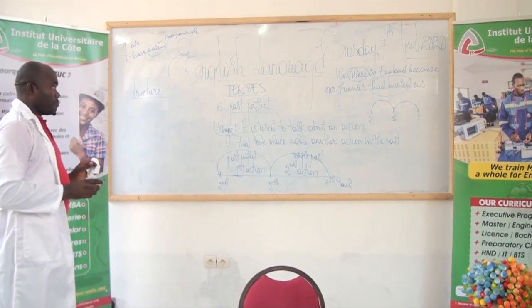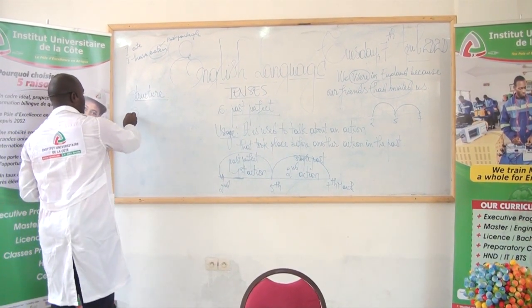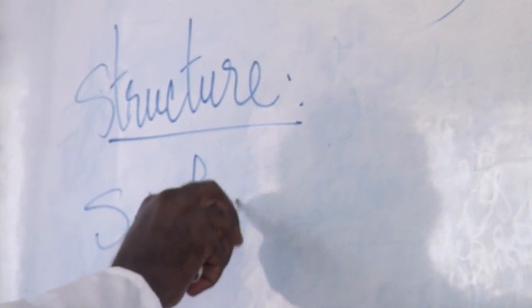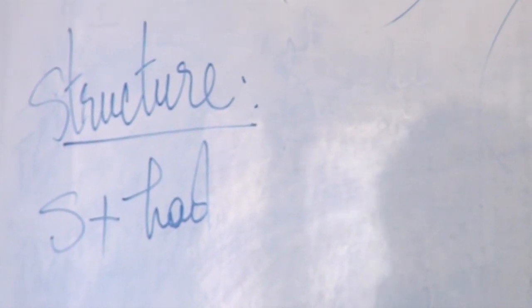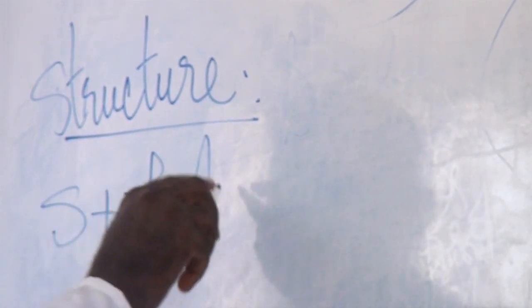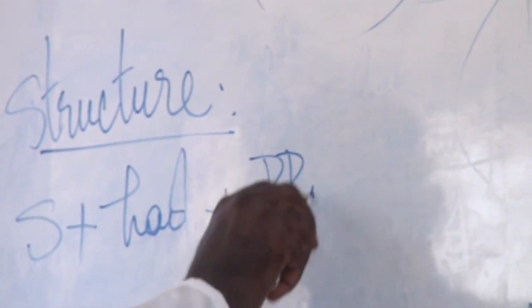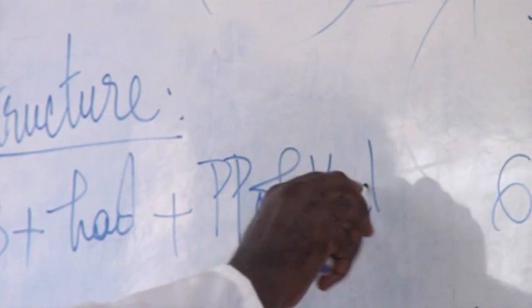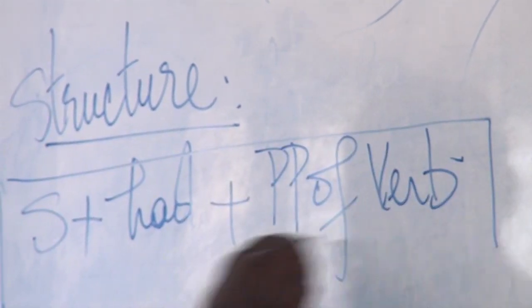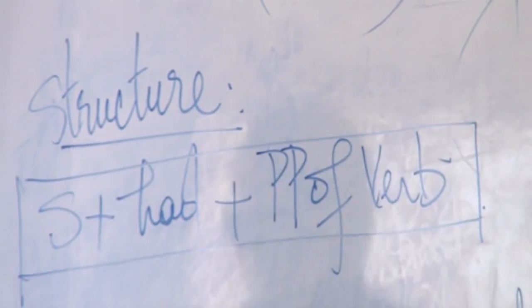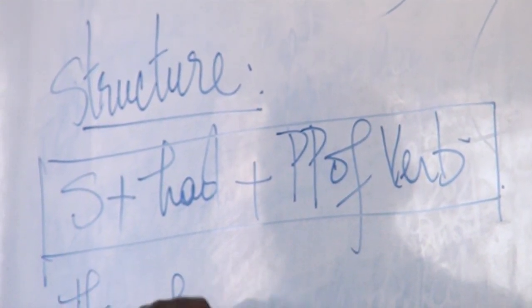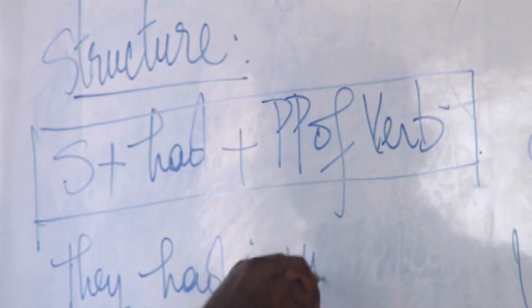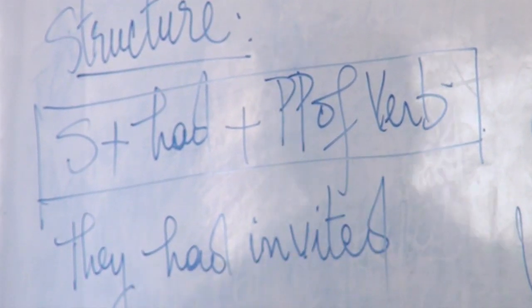Now, talking about the structure of the past perfect, the structure is subject plus had, the simple past tense of the auxiliary to have, plus the past participle of the verb. Example, they had invited.